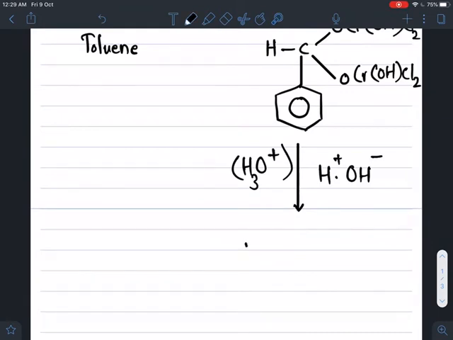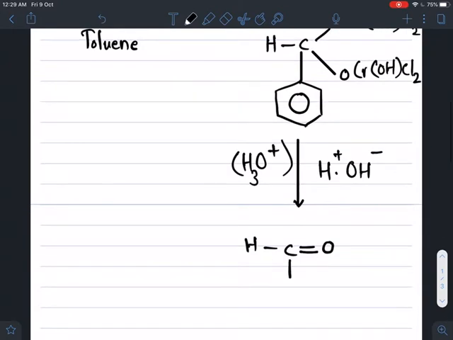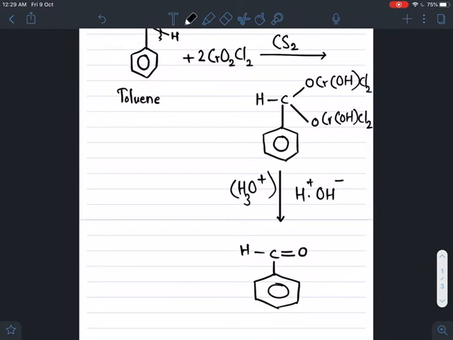So the CH remains as it is, and on this oxygen one single bond is converted into a double bond along with the benzene ring, and the byproduct removed from this compound is Cr(OH)2Cl2. So 2 molecules of Cr(OH)2Cl2 are removed from this chromium complex.